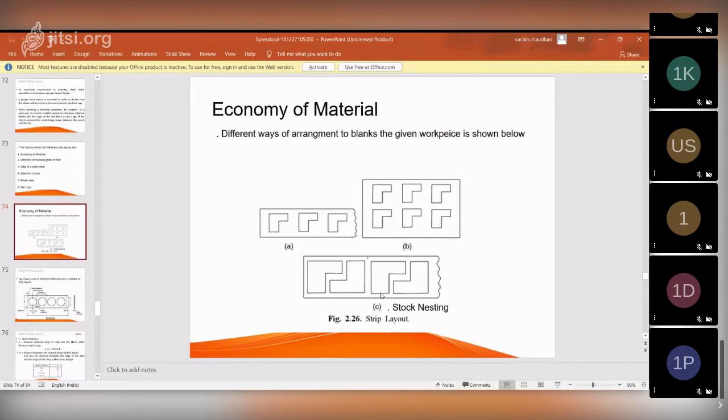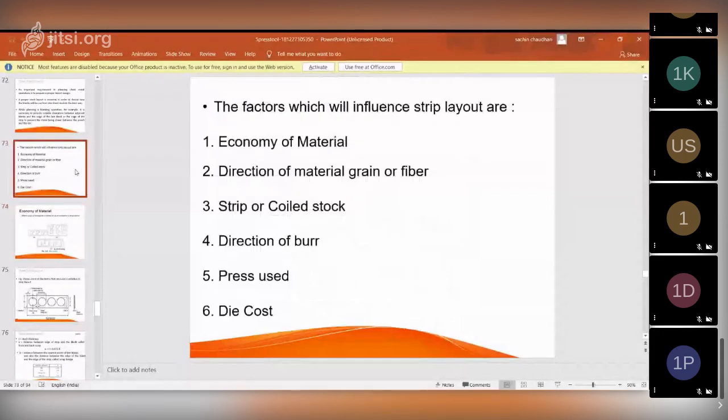So there are advantages and limitations. Where mass production and continuous production is required, we have to use the coil stock, and where we have lower production, you can use your strip type of stock. Okay, so these are the stock-related factors which influence the strip layout.